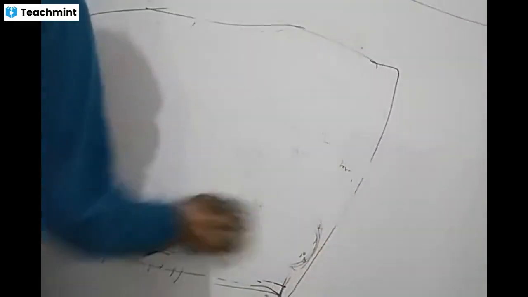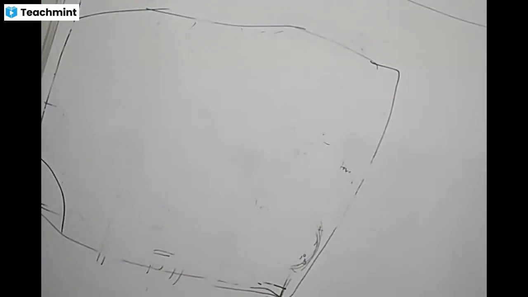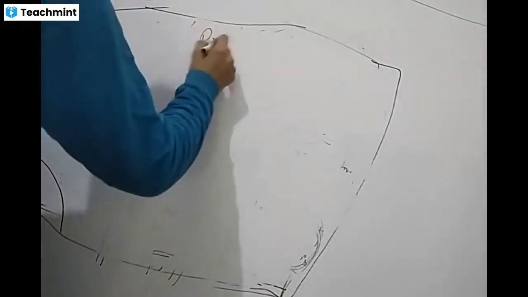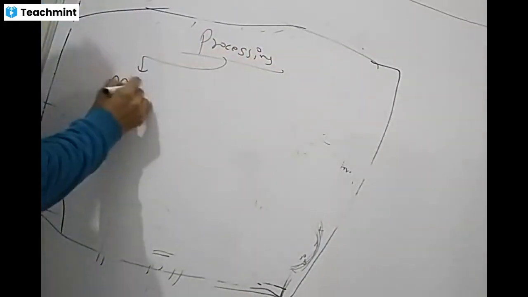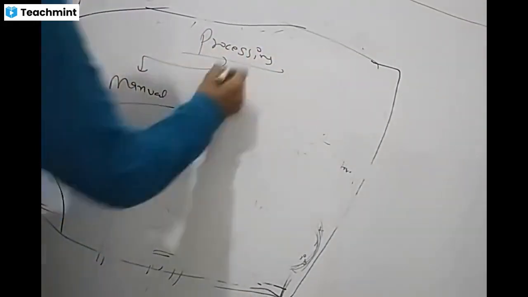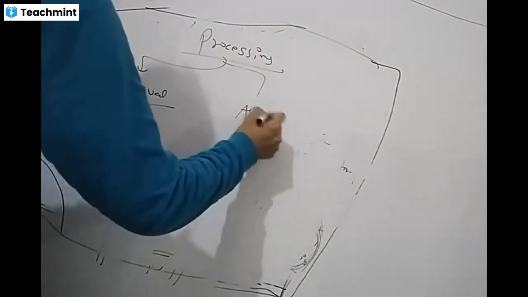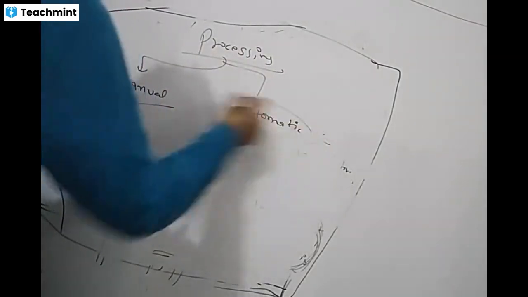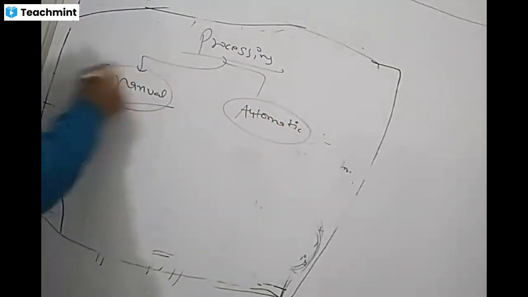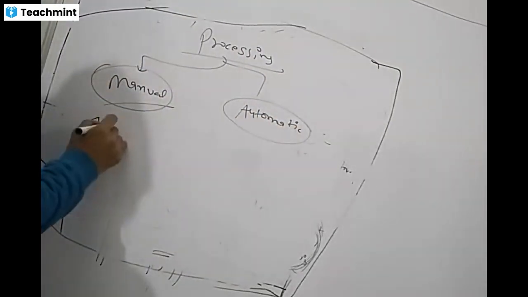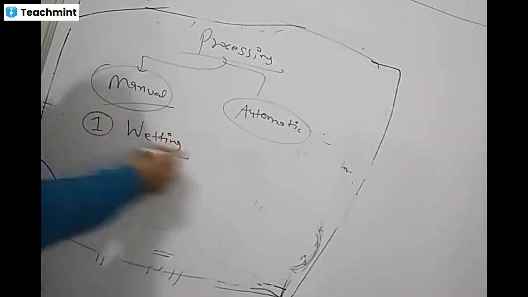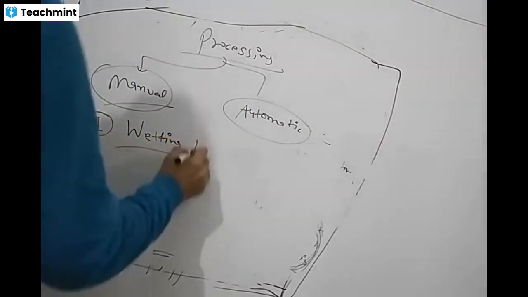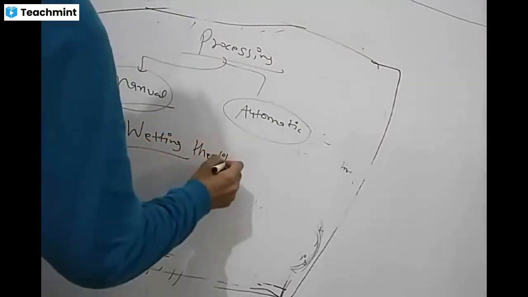So the first step: this processing of the film is of two types. One is manual and one is with the machine, that is automatic. In case of manual processing, the first step is wetting the film.